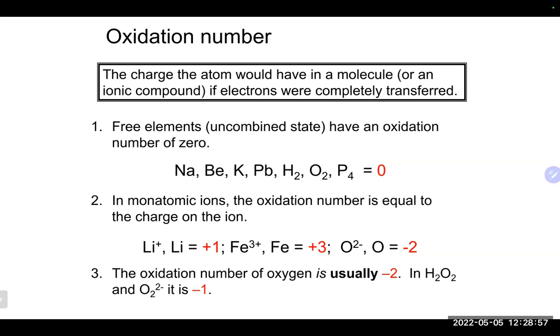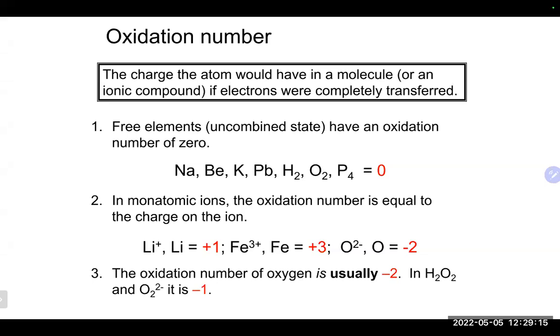So the oxidation number and state is not necessarily always what you learned when you talked about ionic compounds. If you are dealing with an ionic compound like we just were with the tin, it is going to be the same thing. Basically, the oxidation state and the charge will be the same.